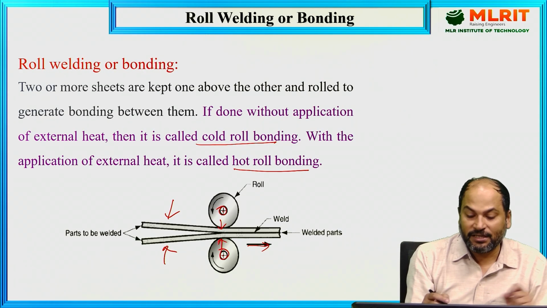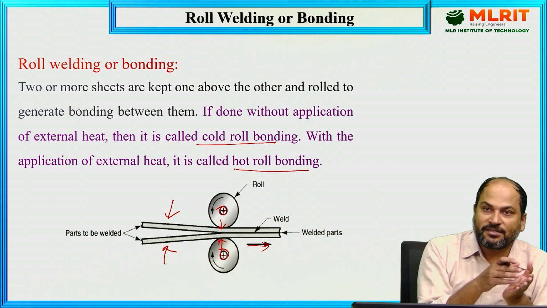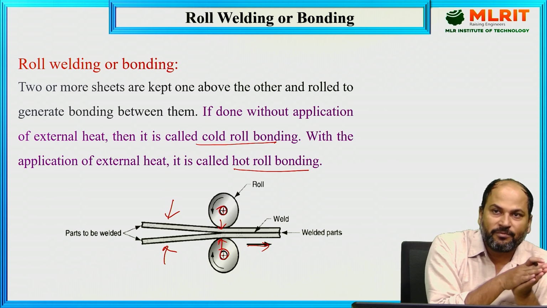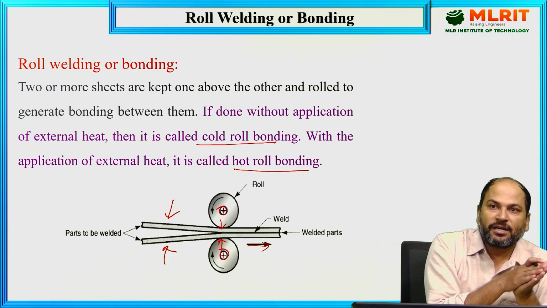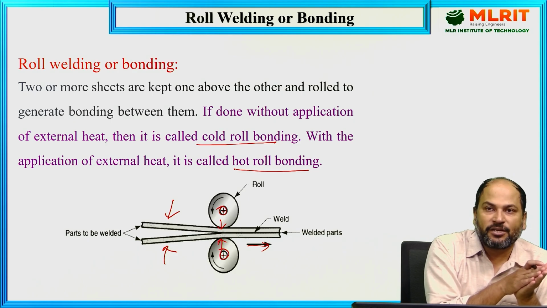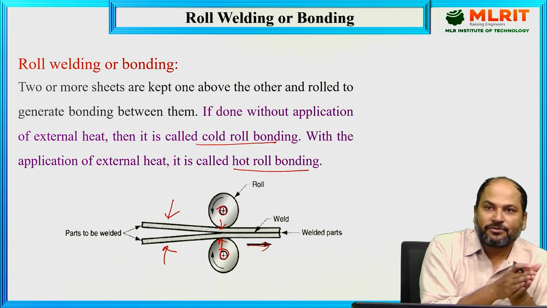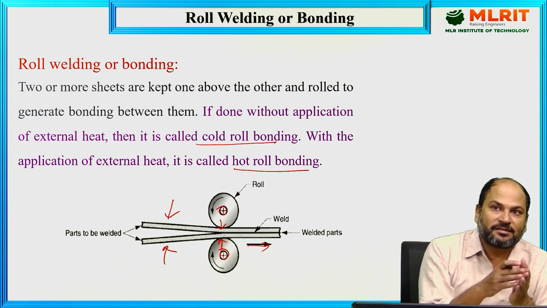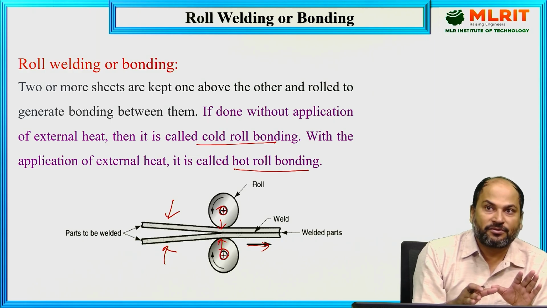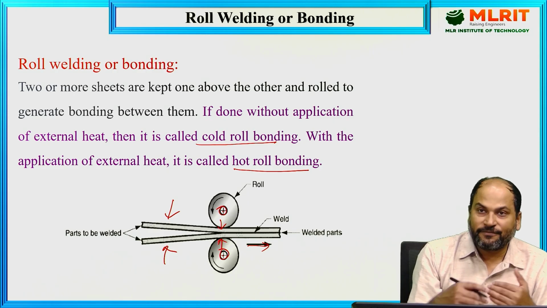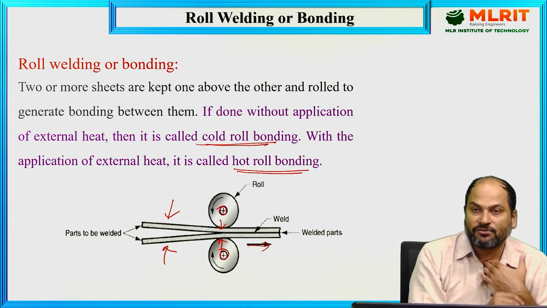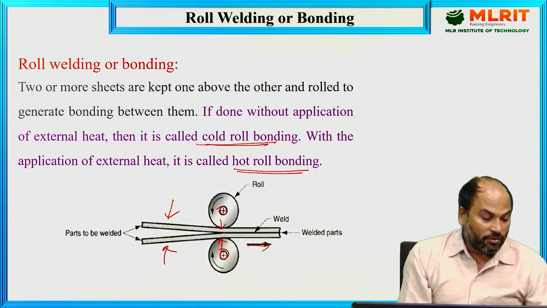But here we can see only pressure is sufficient to join these two parts together, because once these two parts are in intimate contact, their atomic forces come into picture and the two parts will be joined together. So in this, heat may or may not be used, but pressure is necessary to join two parts together. If heat is used, it is known as hot roll bonding. If it is not used, it is known as cold roll bonding.